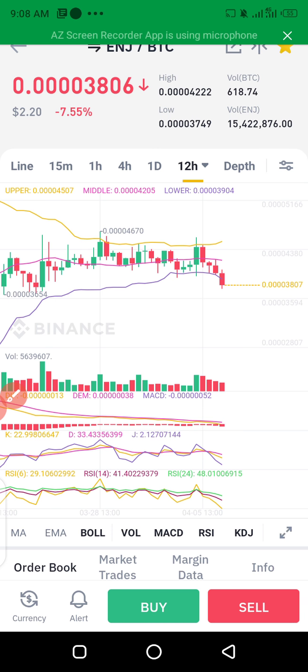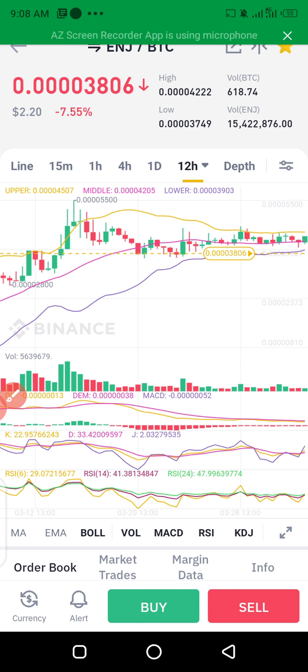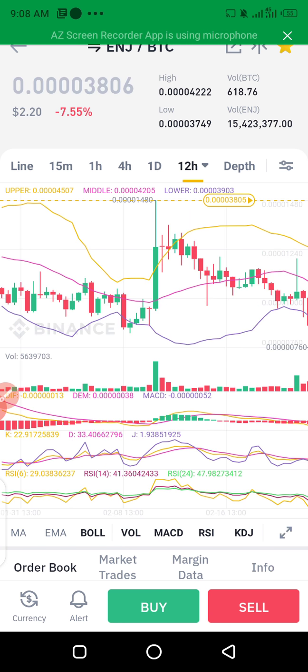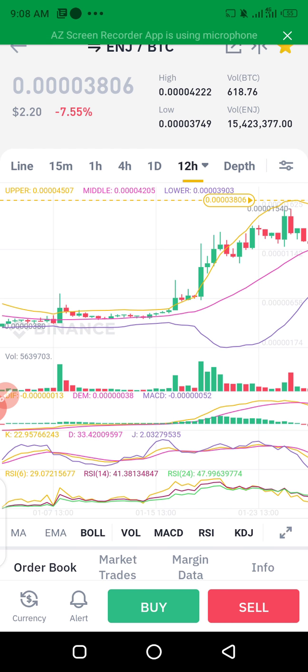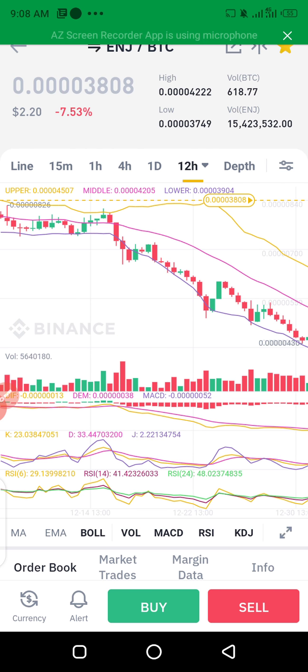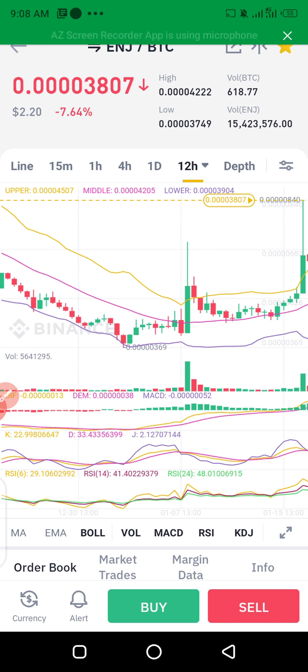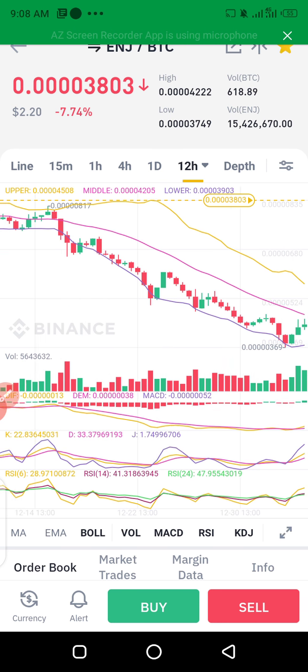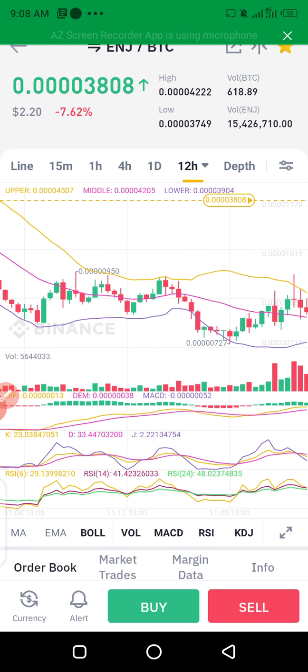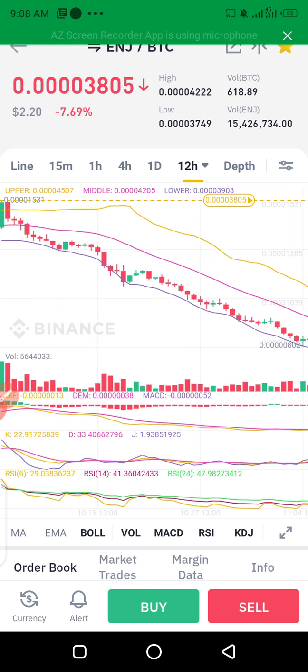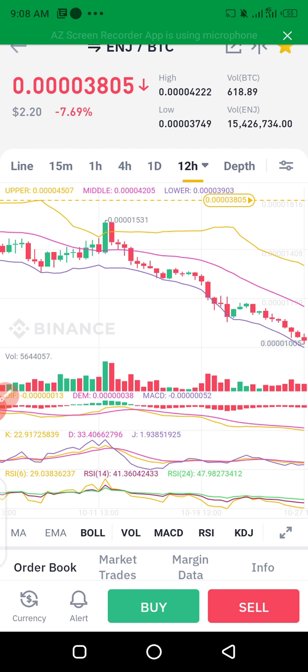So I want to quickly show a dynamic chart pattern: the engulfing chart pattern. It is a pattern formed by candlesticks that we call the engulfing pattern. If it is a bearish engulfing pattern, the candlesticks that follow will be bearish; the market will be bearish.